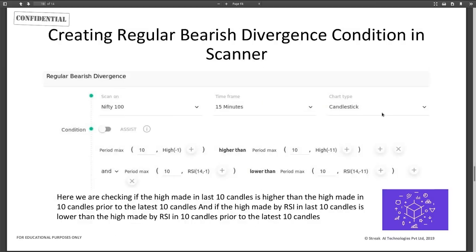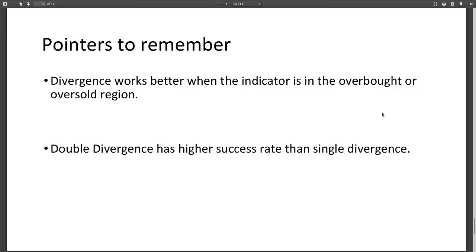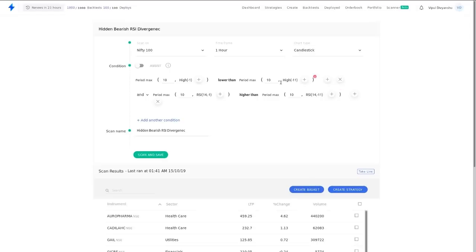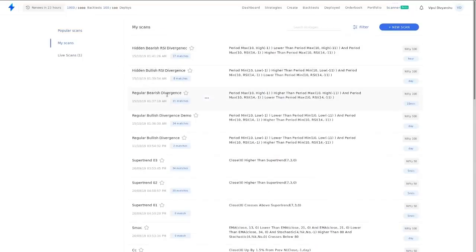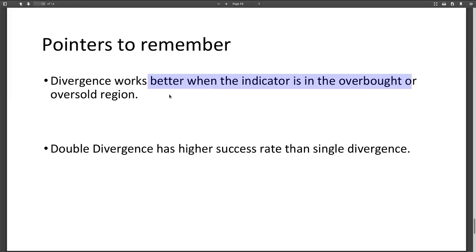Moving forward, key things to keep in mind: divergence works best when the indicator is in the overbought or oversold region. If you remember, we looked at a chart for some stock where the divergence was formed when RSI was above 70, where the higher high or the lower high formed is above 70.